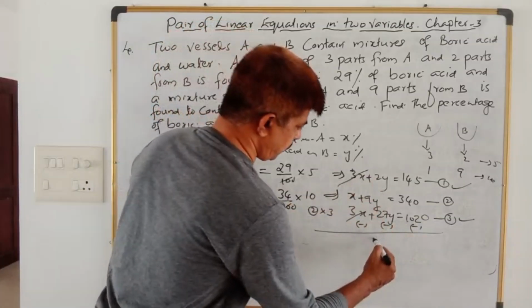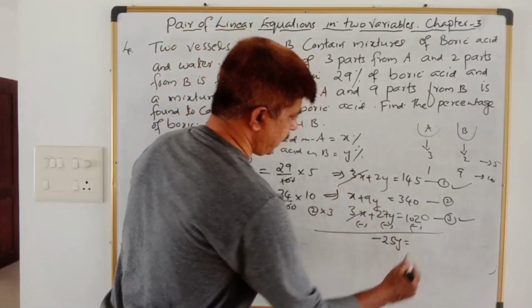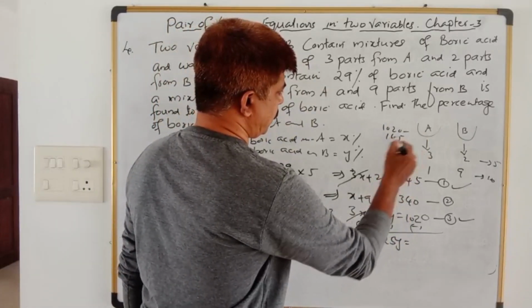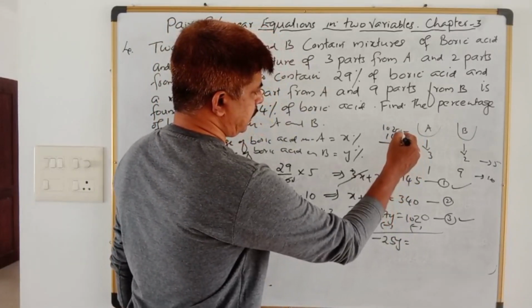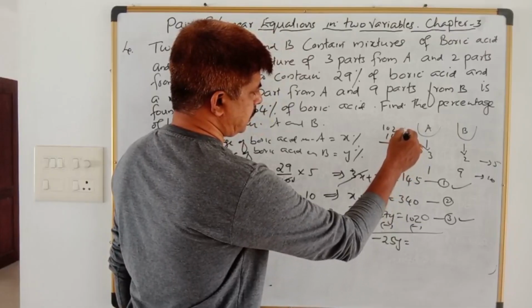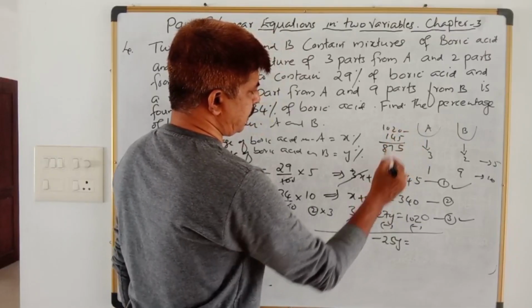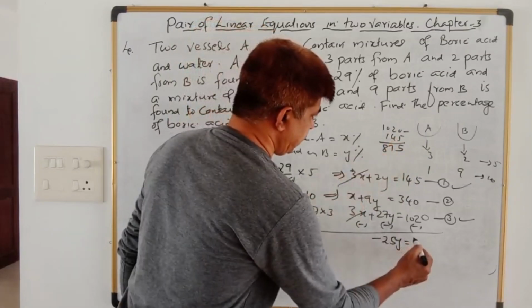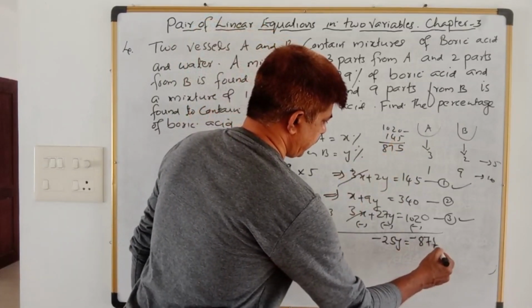2y minus 27y, how much? Negative 25y is equal to 145 minus 1020, while subtracting we are getting negative 875.